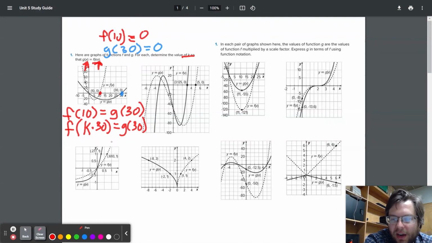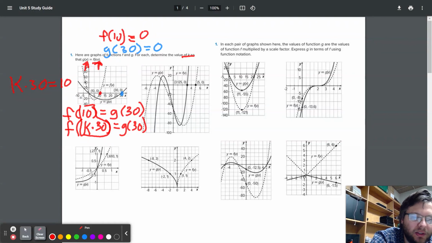It turns out I can do a third times 30, because I need to make k times 30 equal to 10. The original equation was f of 10, so I need 10 equal to k times 30. So k equals 10 over 30, k equals 1/3. What this means is that the dotted line, f of x, is a third as wide as the solid line.